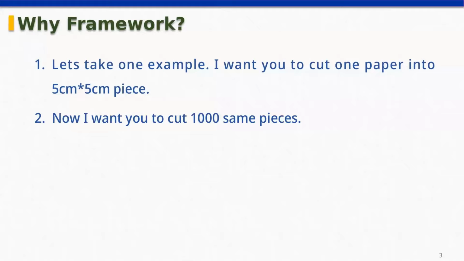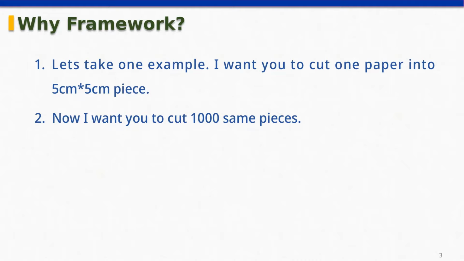To make that life easier, you might already have some idea now. You might think that I can have an iron piece which is 5 centimeters by 5 centimeters, so that you can just use that. You can put it below that paper and simply cut the 5 by 5 centimeter pieces. That is very easy, right?